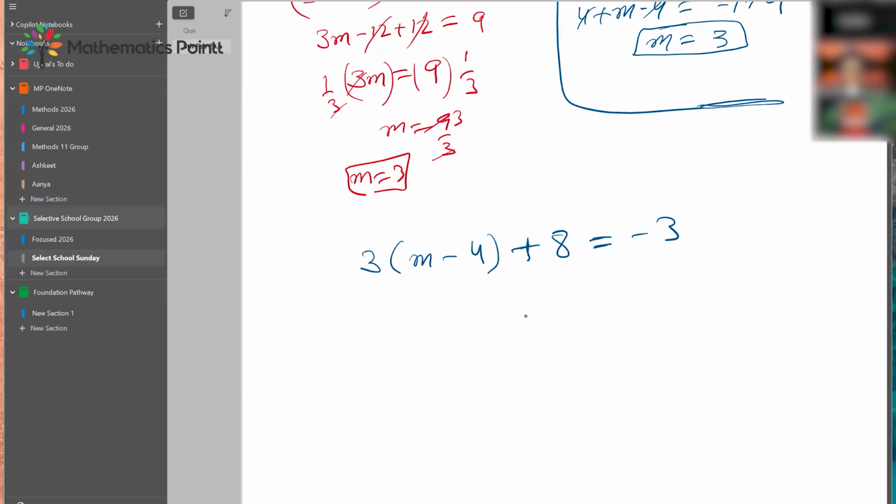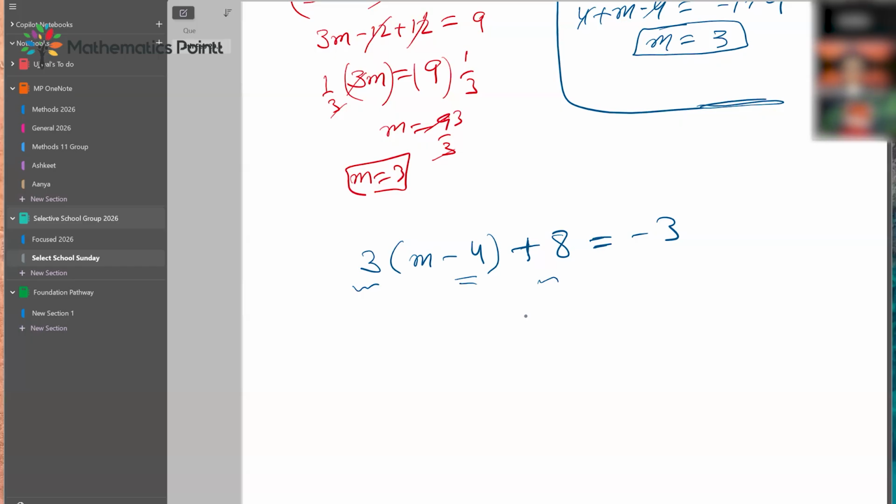Absolutely right. The number which is being protected by the bracket, you cannot get rid of that number at the first place. It's only the open numbers. For example, 3 is sitting open, 8 is sitting open, and it's only then that you can get rid of this. You can only get rid of this, not the stuff sitting in the bracket.